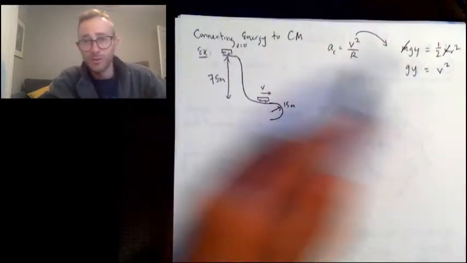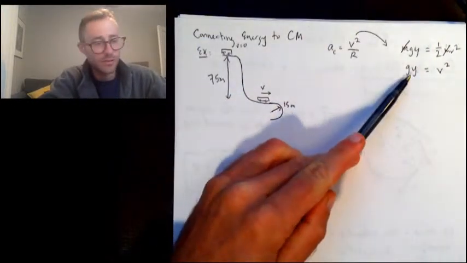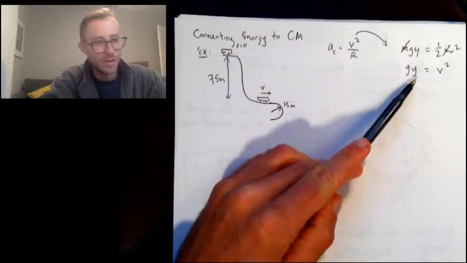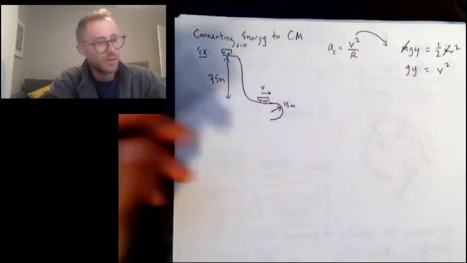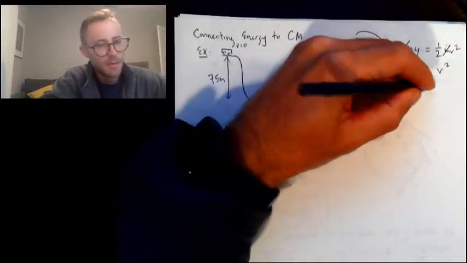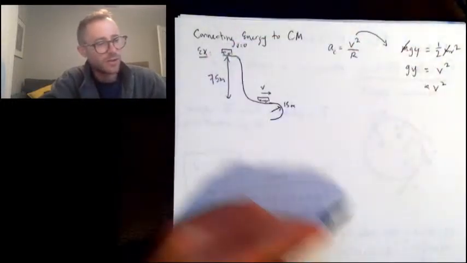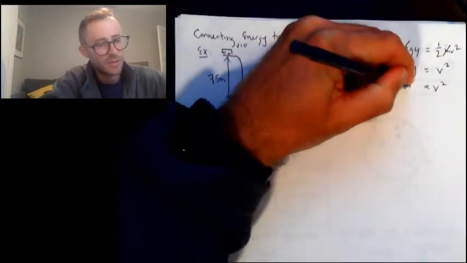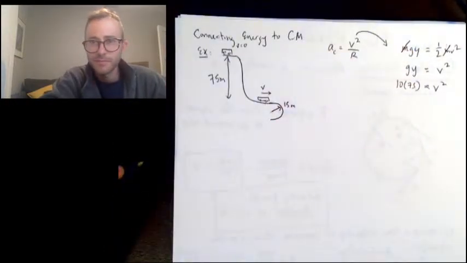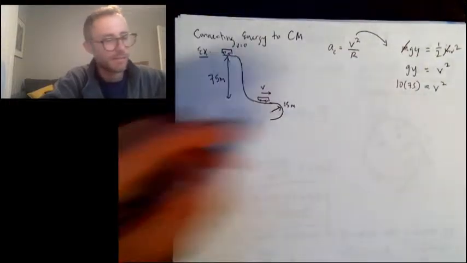I could take the square root and get the velocity if I wanted to, or the speed, I should say. But then I would just square it again to get the acceleration. So I'm just going to leave it as squared. So I can see that v squared is 10 times 75. Okay.